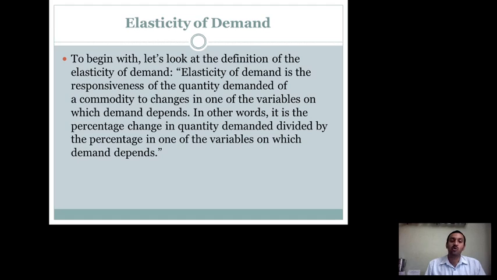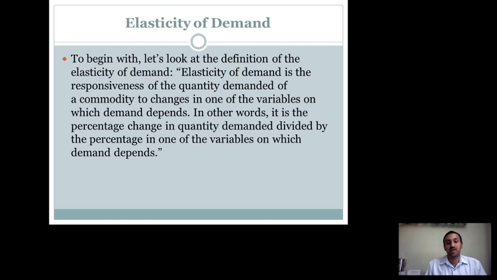Here, how demand is responding, or how much demand will change along with the changes in the variables on which demand is dependent, is calculated. So to see this responsiveness, it is known as elasticity of demand.